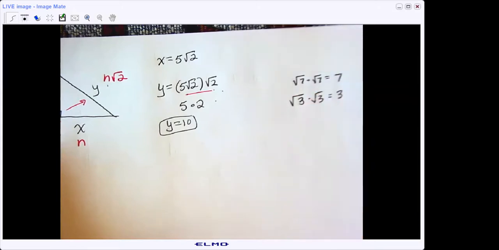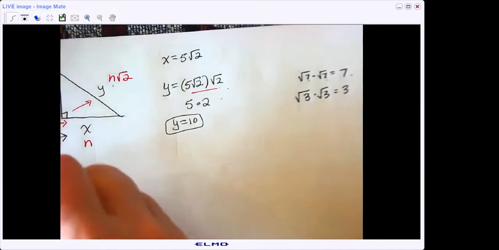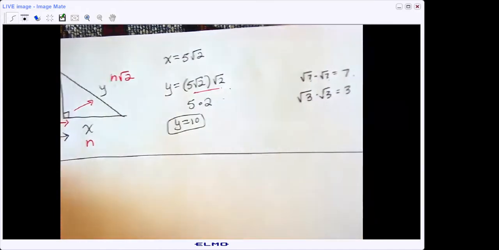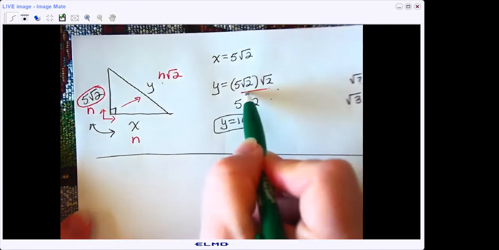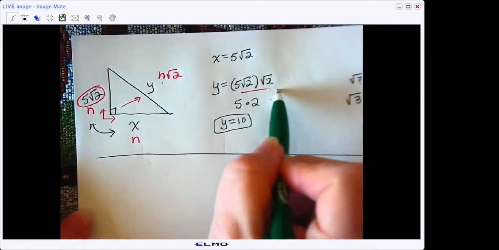So we just get a regular 3. So these parts give us a whole, but that only works when they're identical. So be very careful when you're doing problems like this, that you actually write the n and then the root 2.